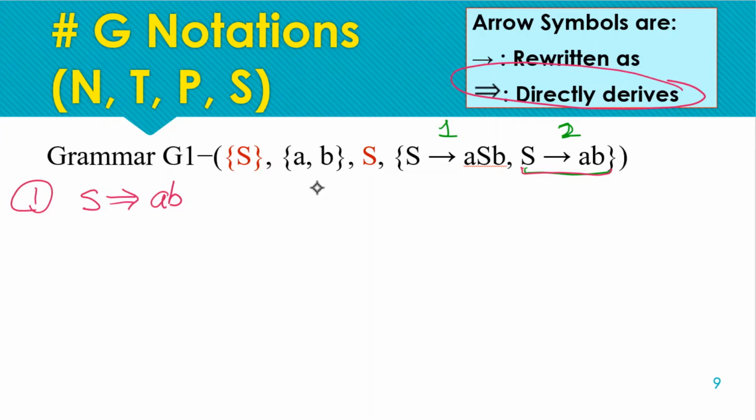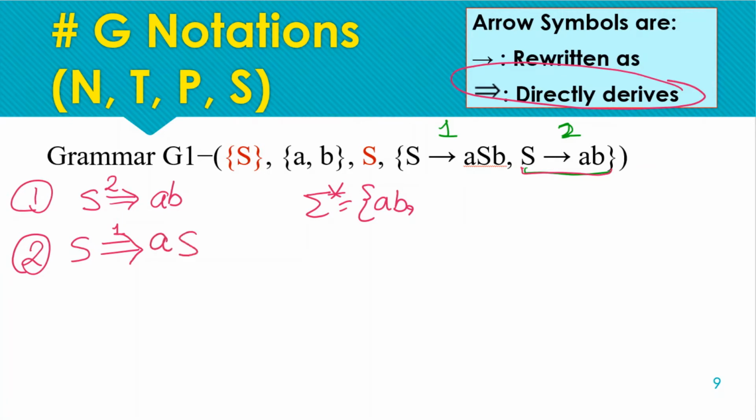So let's write the strings in a separate set to consider, so that we can define the language corresponding to this grammar later. For now we are just checking the options of the strings that can be derived from this grammar. So the second option is by the application of rule number 1, where we get this right hand side.